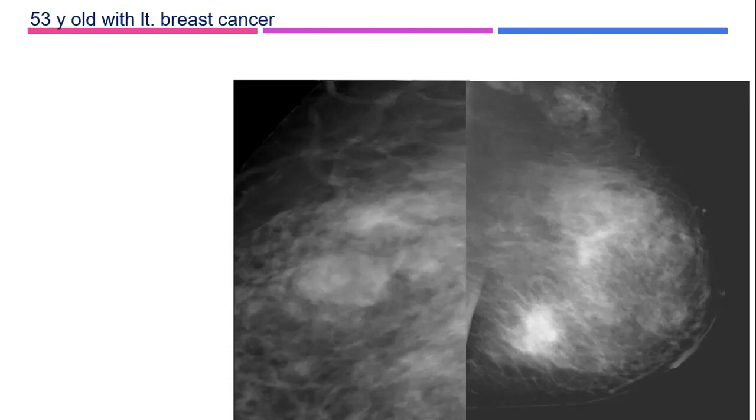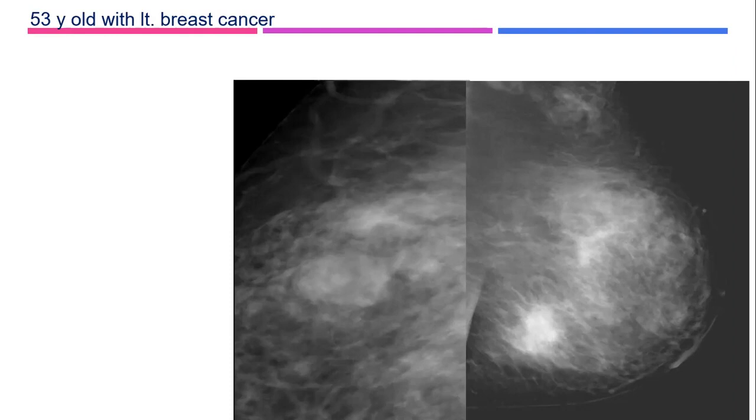It's not the same density. So ultrasound revealed a lobulated echo-free cyst. Okay. So I will consider on the left breast, you will report it as BI-RADS 2. Unfortunately, I had made the same mistake.